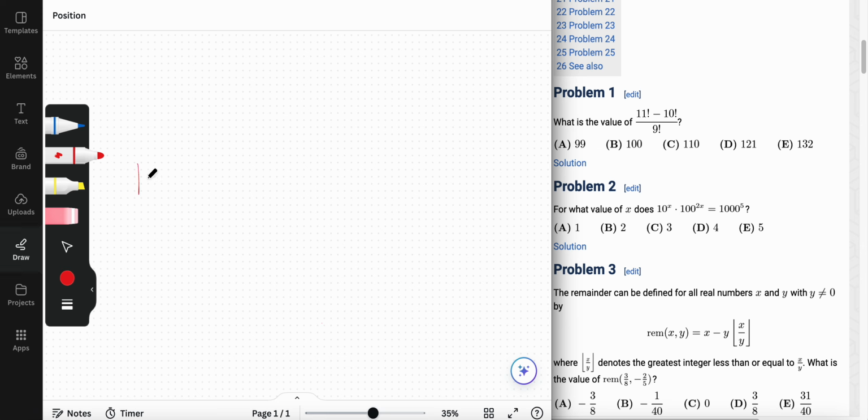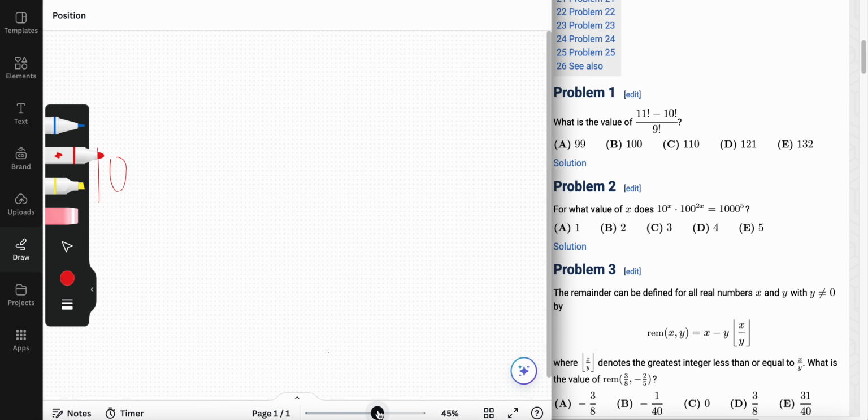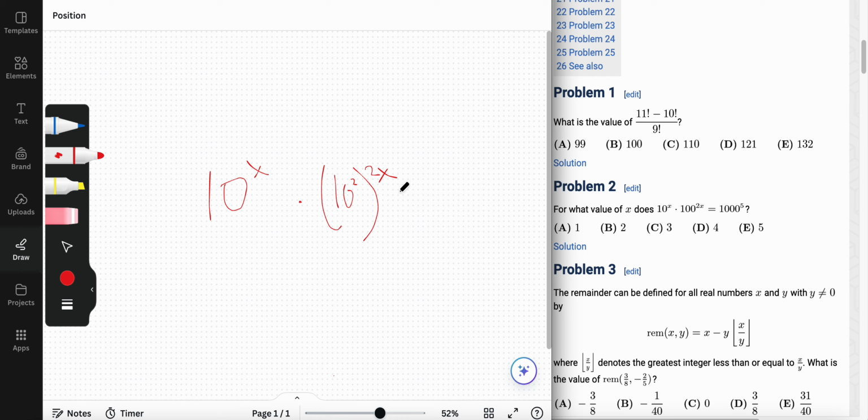Okay, so I'll just get everything in terms of 10 to the... Okay, so that's 10 to the x times 10 squared to the 2x is equal to 10 cubed to the 5th power, right?